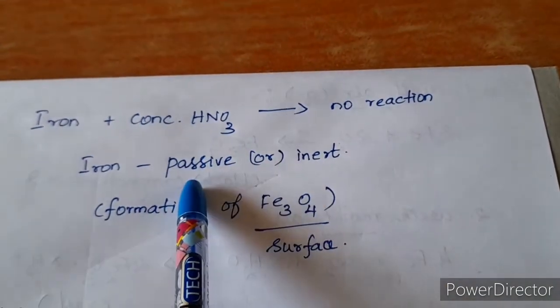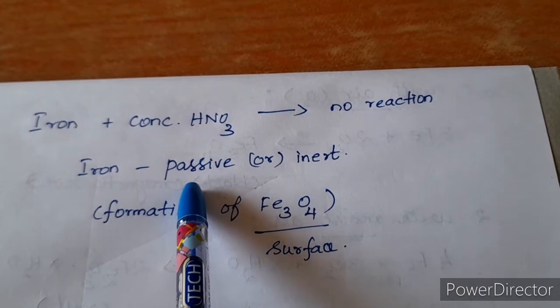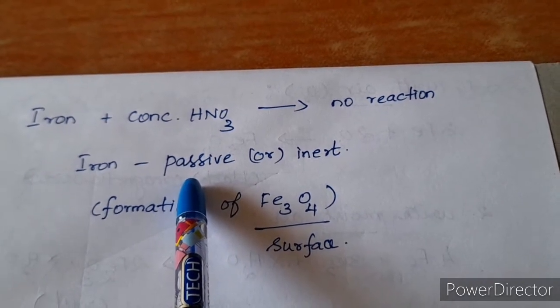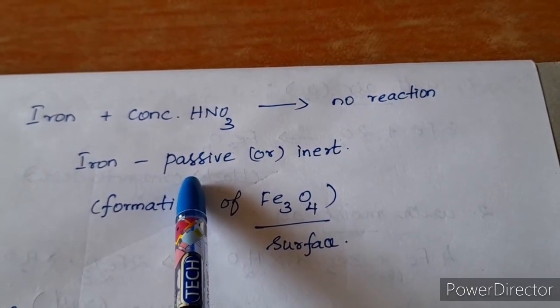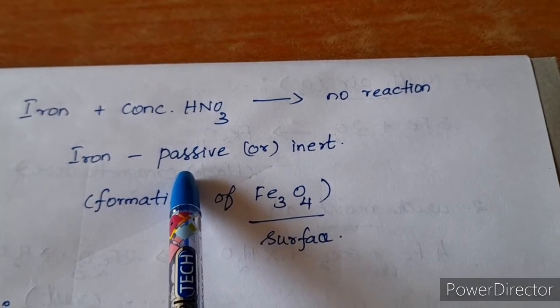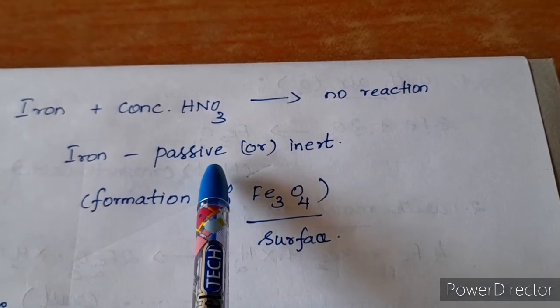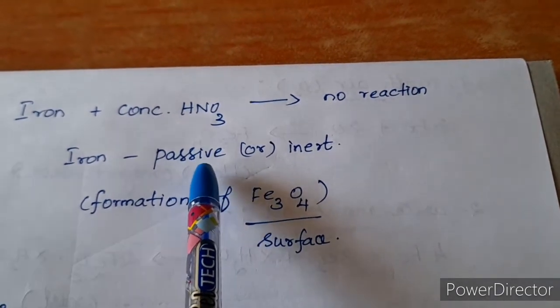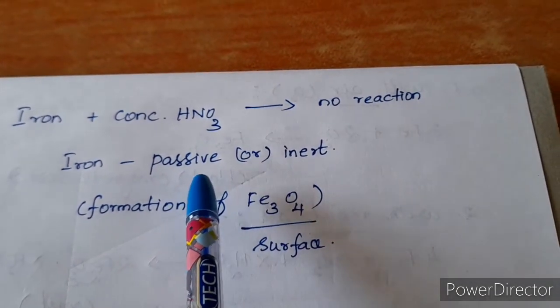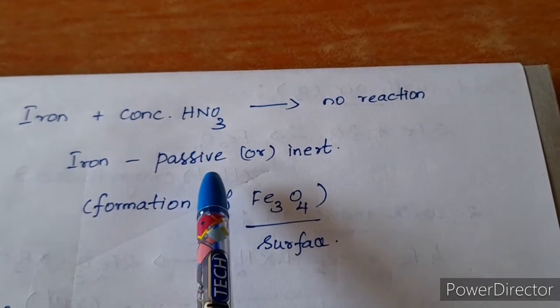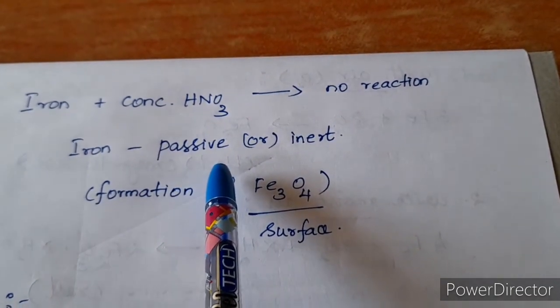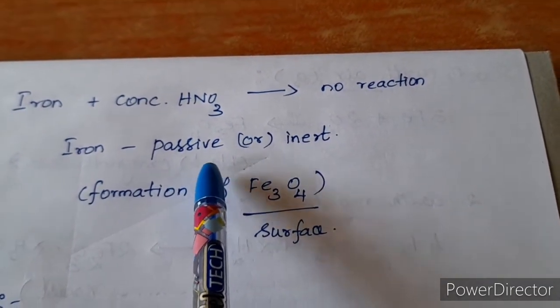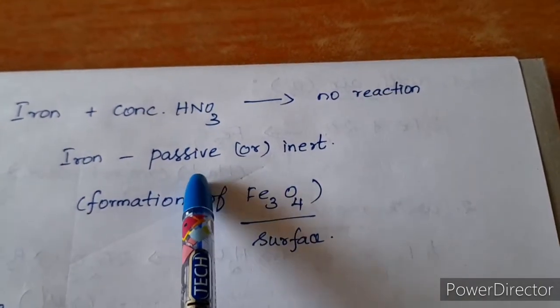Concentrated nitric acid makes the metal passive, inactive or inert. This is one of the questions in your book's back exercise under HOTS questions, children. So see to it that you write these reactions. You can write them the same way as I wrote on the paper, as you can see on the screen, or otherwise I'll give you the PDF which has proper sentences. So particularly concentrate on this reaction.